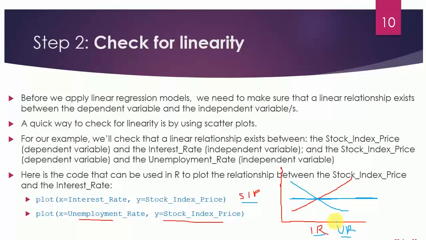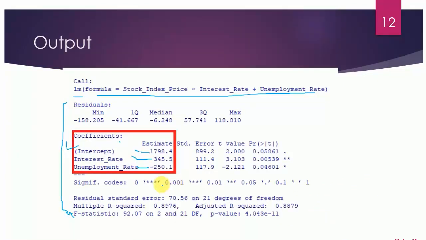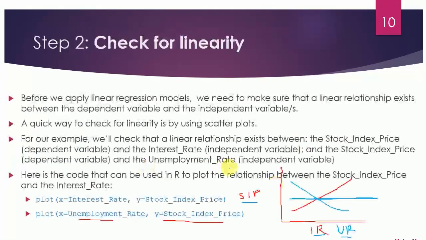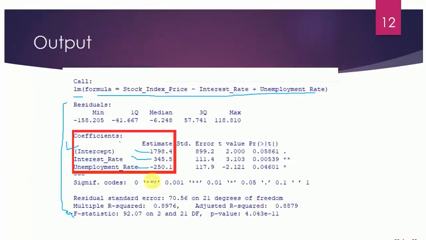So see, the unemployment rate versus SIP is negative. The coefficient of unemployment rate is negative. On the other hand, as there is a positive relationship between interest rate and SIP, the coefficient of interest rate is positive.